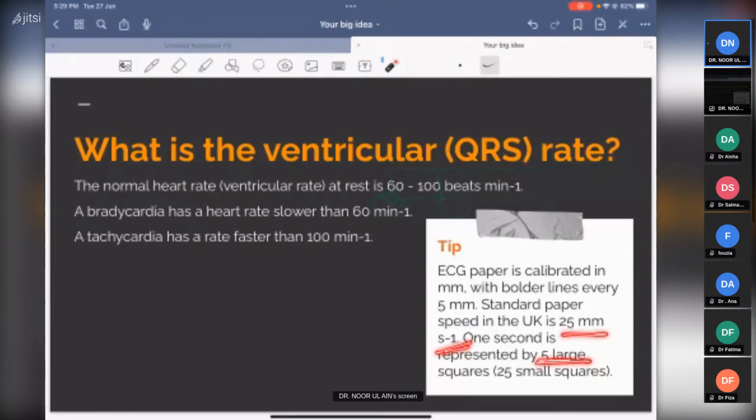When I say a large square, I'm also saying 5 small squares. ठीक है, so why I'm telling you this is because the method we always use to calculate the heart rate depends on this. So in the UK, the ECG moves 25 millimeters in 1 second, and 1 second is 5 large boxes. So let's write this.